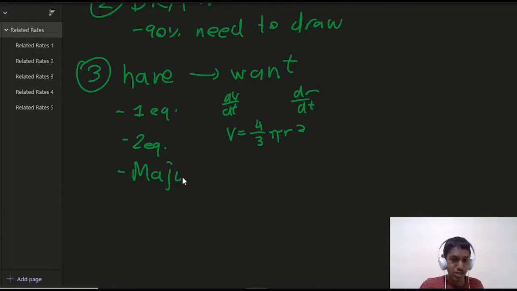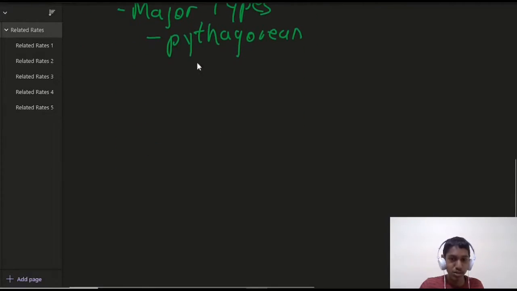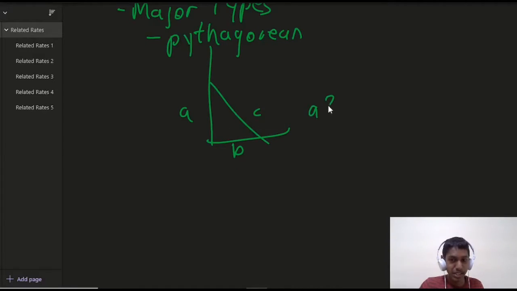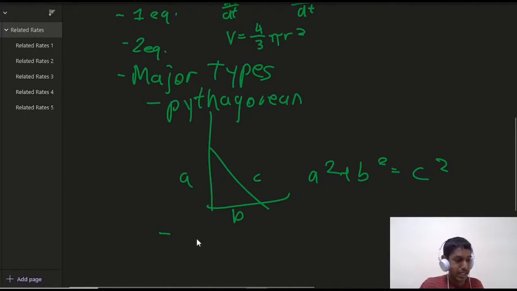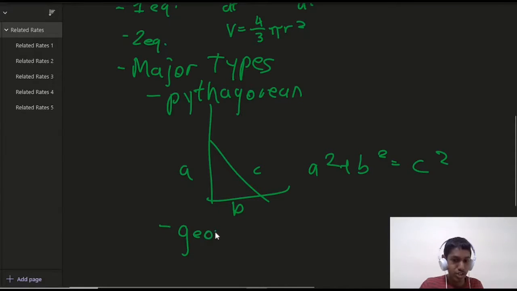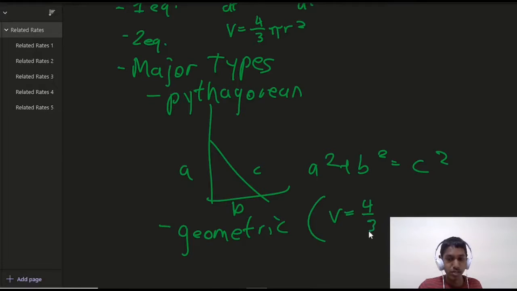Here, some of the major types of relations can include, this isn't a full list, but these are some of the common ones. So Pythagorean theorem. Usually they'll give you some sort of triangle, and then a, b, c: a squared plus b squared is c squared. And then geometric formulas, like the volume of a sphere is 4/3 pi r cubed, and so on.